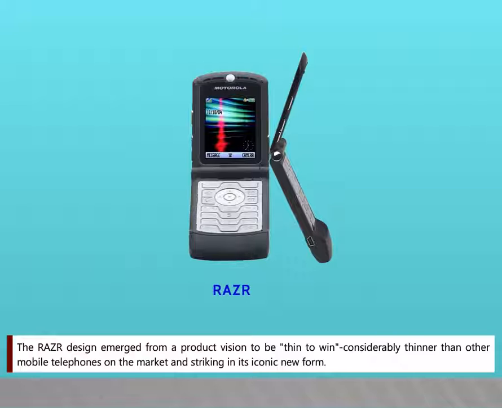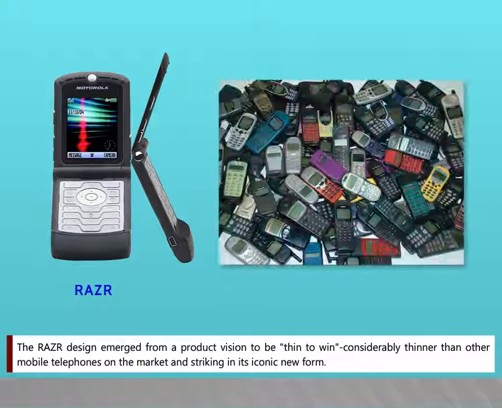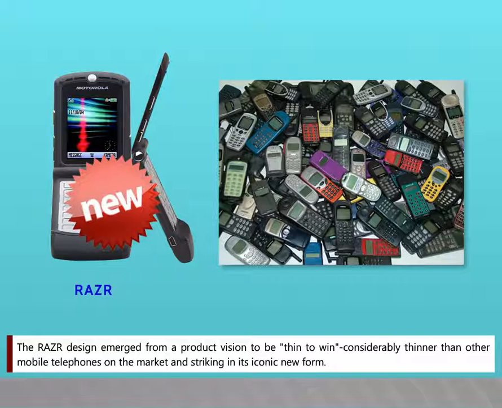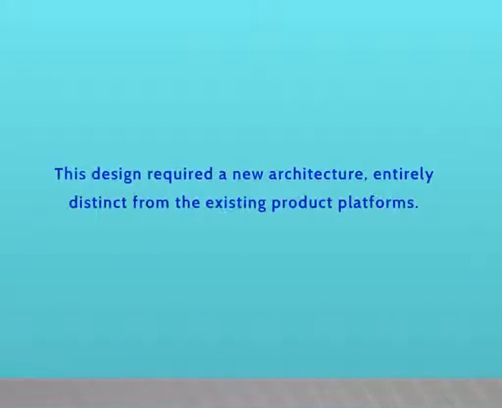The Razr design emerged from a product vision to be thin to win, considerably thinner than other mobile telephones on the market and striking in its iconic new form. This design required a new architecture entirely distinct from the existing product platforms.